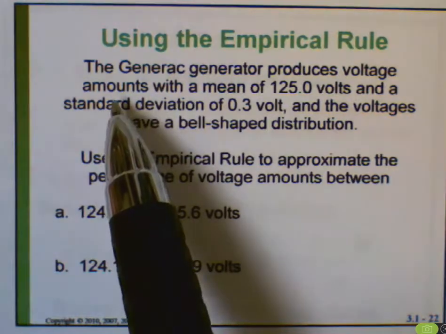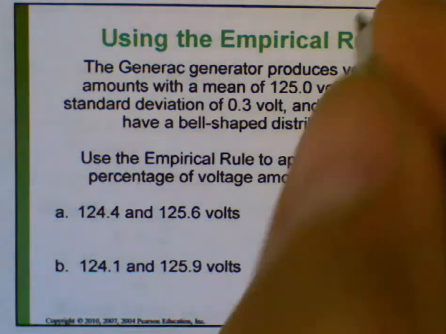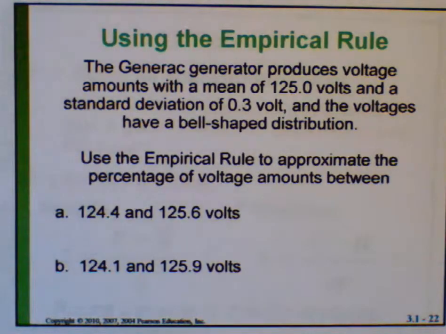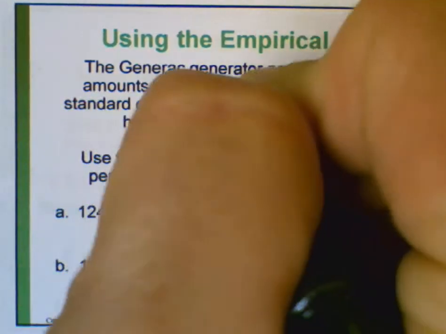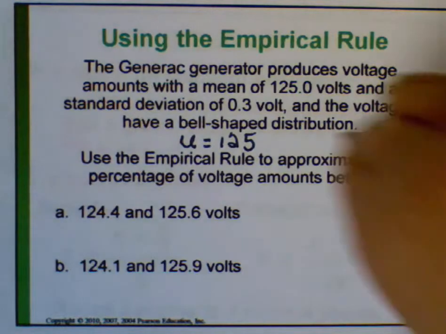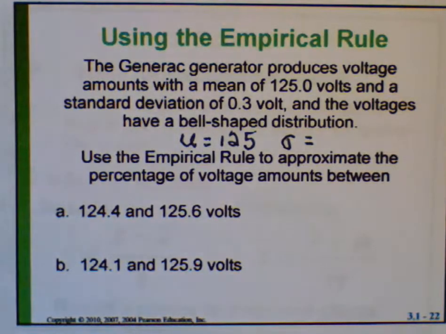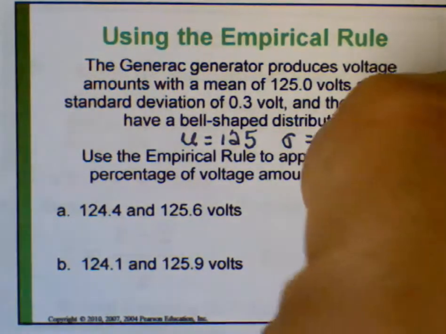That sounds like the population of all Generac generators. So rather than using X bar, I'm going to use the population mean of 125, and the population standard deviation, remember that's the Greek letter sigma, is 0.3.